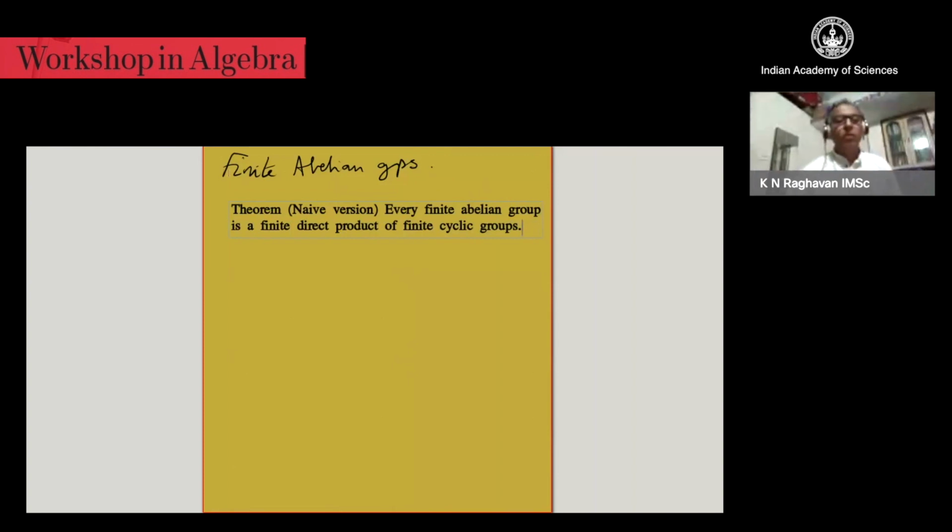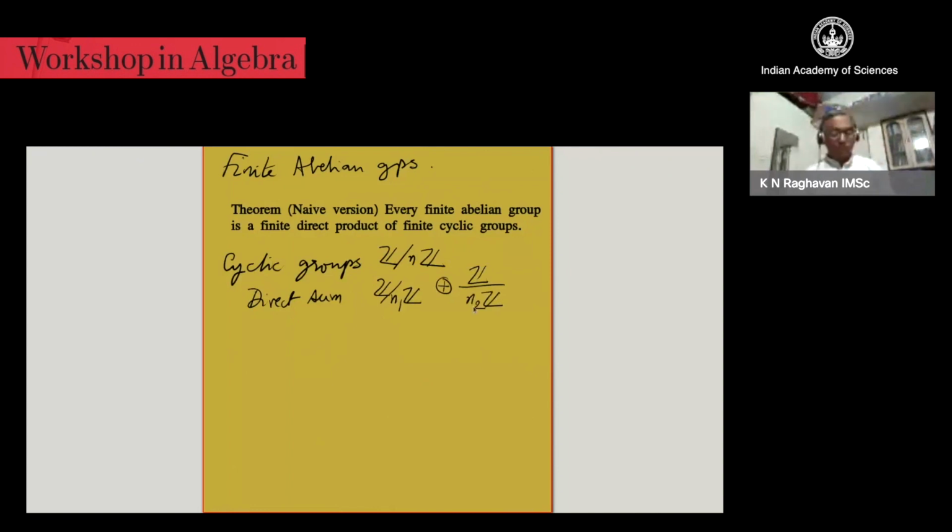So, as we were saying yesterday, the simplest kind of finite abelian groups are cyclic groups, finite cyclic groups of the form Z mod NZ, right? And then you have this notion of direct sum. You can take Z mod one cyclic group of order N1 and another one of order N2, and you could take a direct sum.